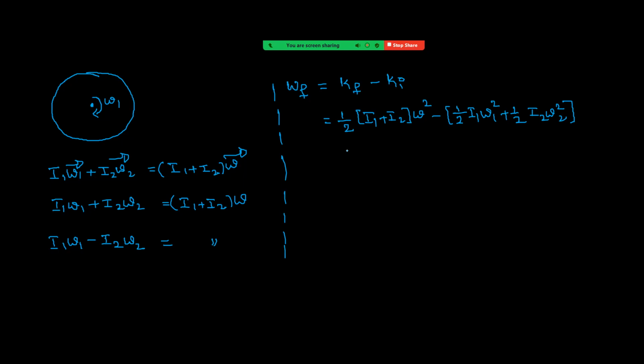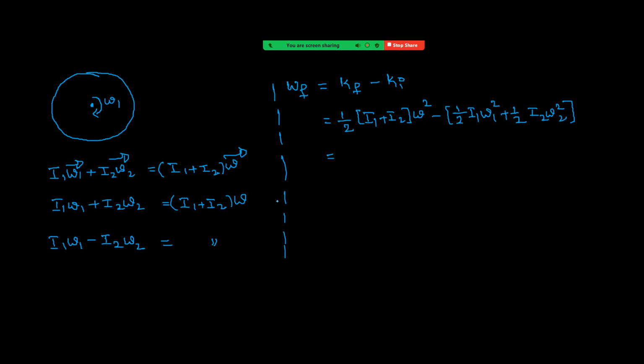Okay. Now here this value depends on, again, what omega is. What is omega? That depends on whether omega 1 and omega 2 are both in the same sense or opposite. If you're taking the same sense, I1 omega 1 plus I2 omega 2 upon I1 plus I2. Opposite, I1 omega 1 minus I2 omega 2 by I1 plus I2. That is what we have to substitute here.